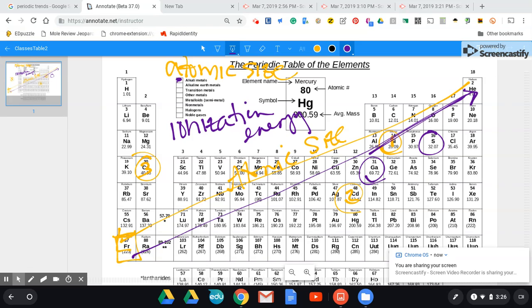So put these in order: sulfur, gallium, and tellurium. Okay. In terms of ionization energy, which is going to have the highest?